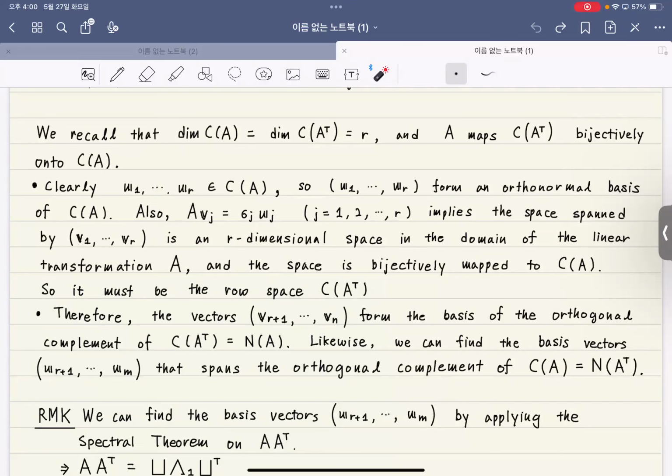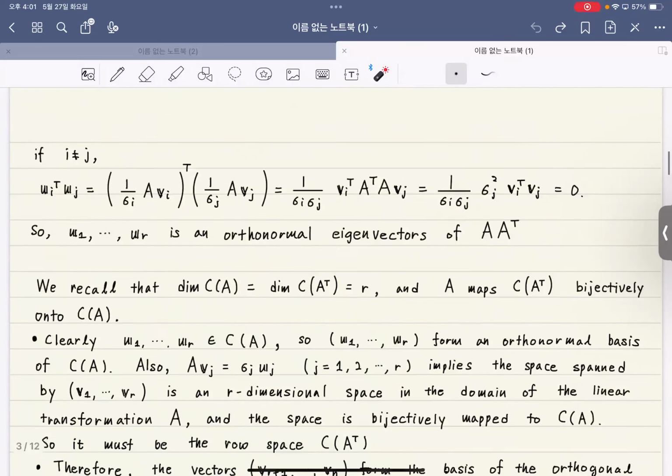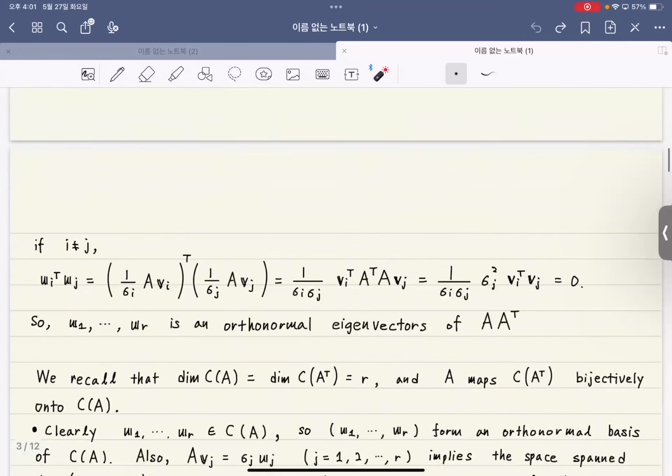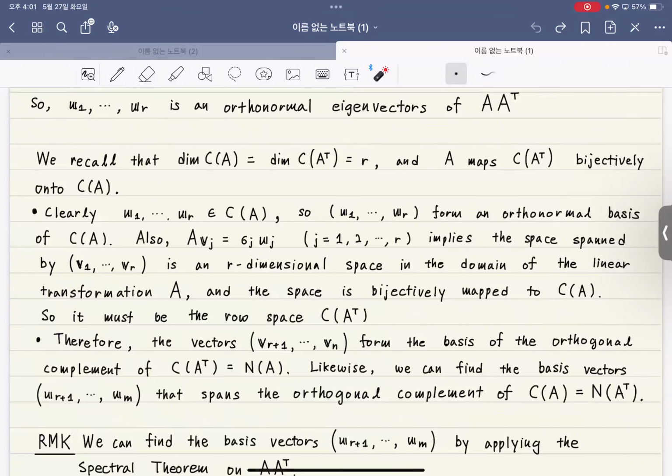Finding the basis for the null space is easy. Why? Because every set of vectors that is orthogonal to the space spanned by these vectors is going to be the basis for the null space, right?